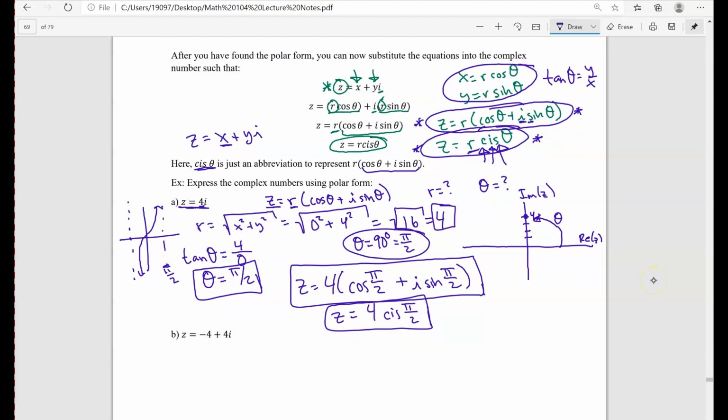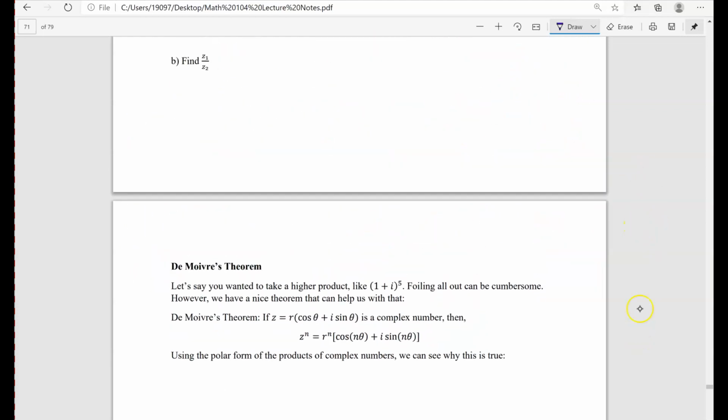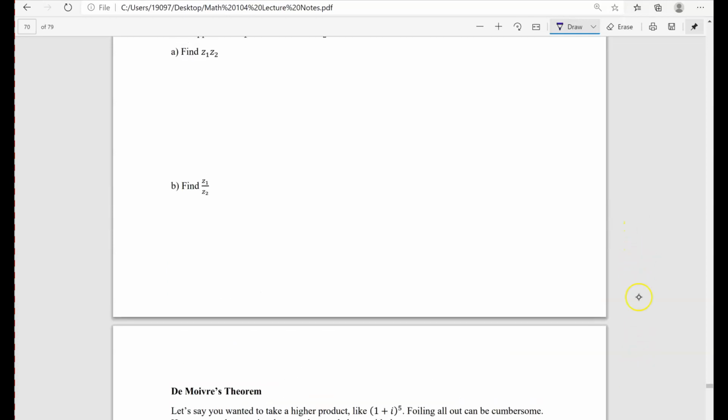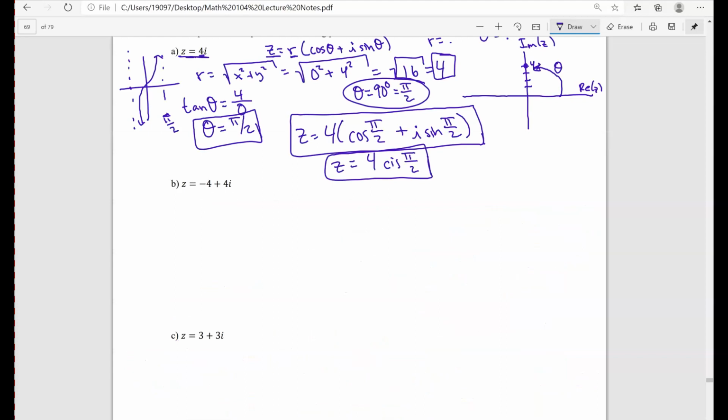Alrighty, now let's do this one. Remember, to convert it to polar form, you want to find what r is, and then what theta is. Let's first start off with r. We know the formula: r equals the square root of x squared plus y squared.